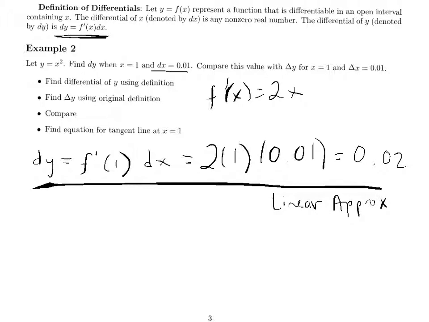Now if we want to actually find the difference in y values of the original function, we have to be able to evaluate the original function, and in this case we can. Here we're just saying, what is f of x plus delta x minus f of x.